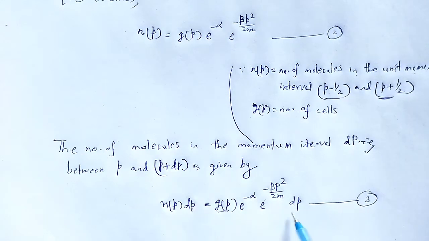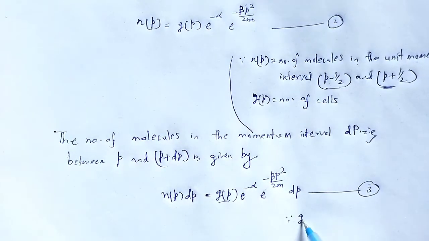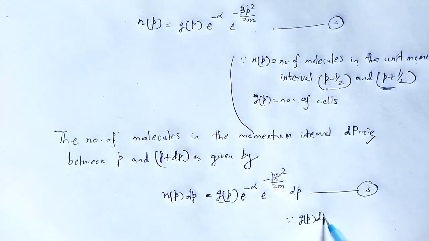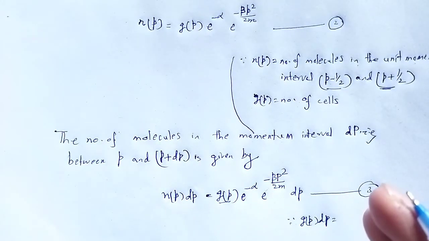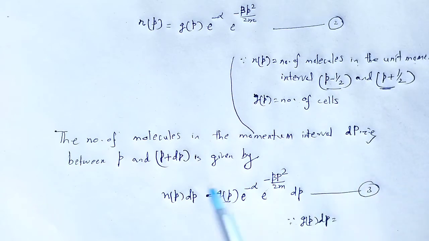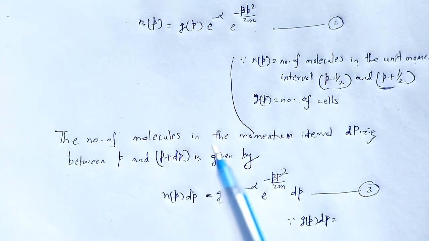Again here G p dp is the number of phase space cells in the momentum interval dp, or p to p plus dp.